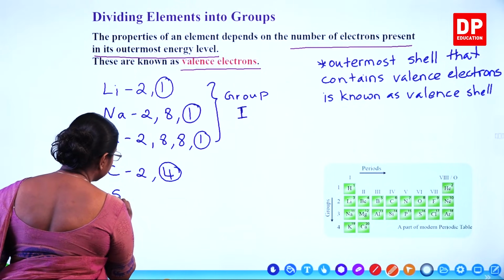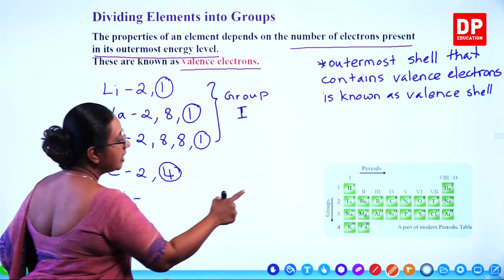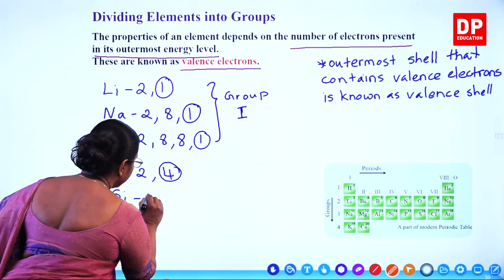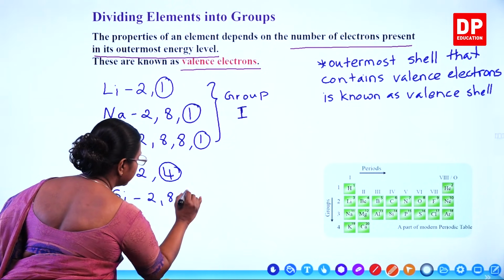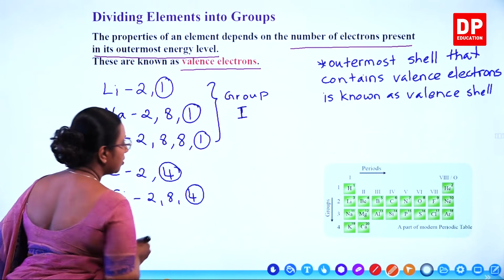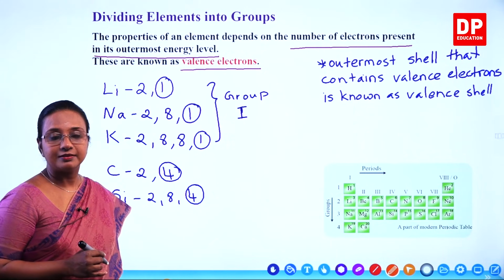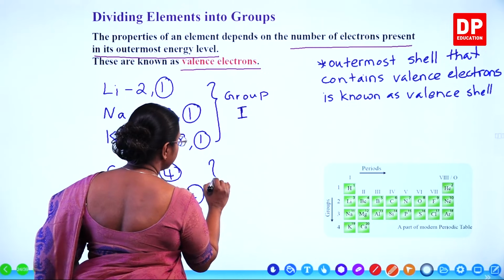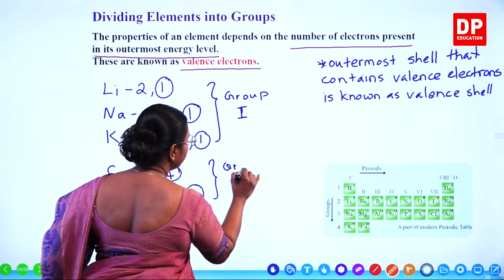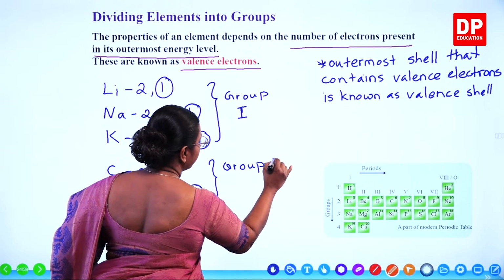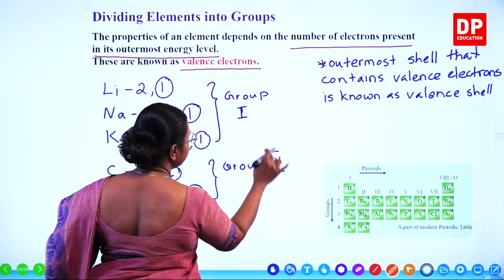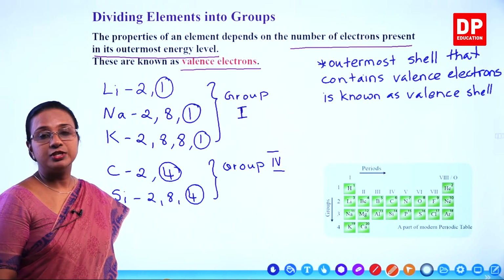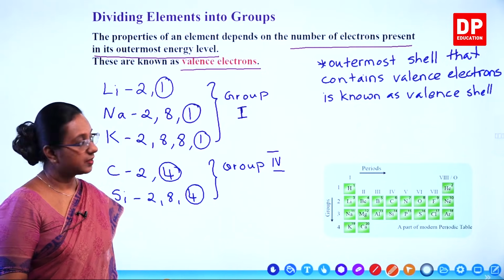Similarly, silicon has atomic number 14, 2, 8, 4. That also has 4 electrons in the valence shell, so this goes to group 4. And here you can see we use Roman numerals to denote groups.